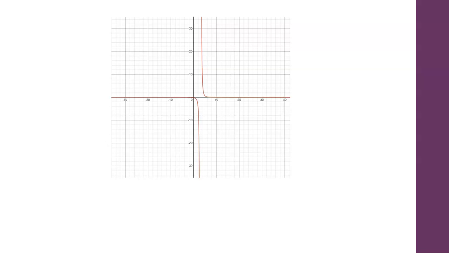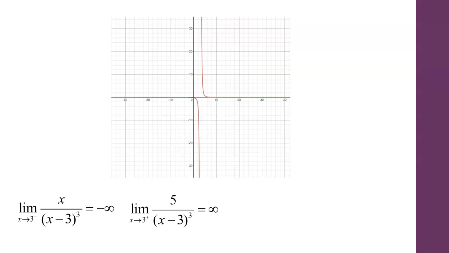So the left limit in this case is negative infinity, while the right limit is positive infinity. And therefore we say that the limit itself does not exist. If you recall, we said the limit is equal to a number if and only if the left limit and the right limit agree. And in this case, they don't.